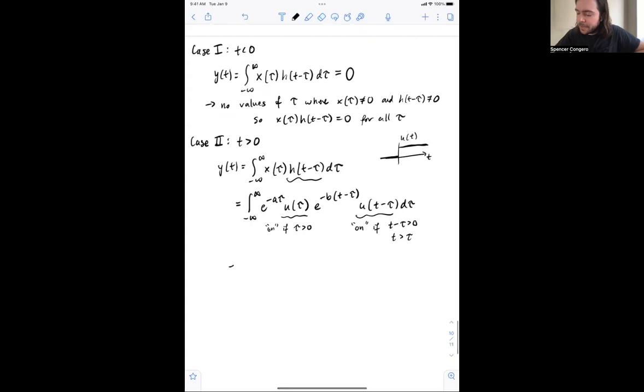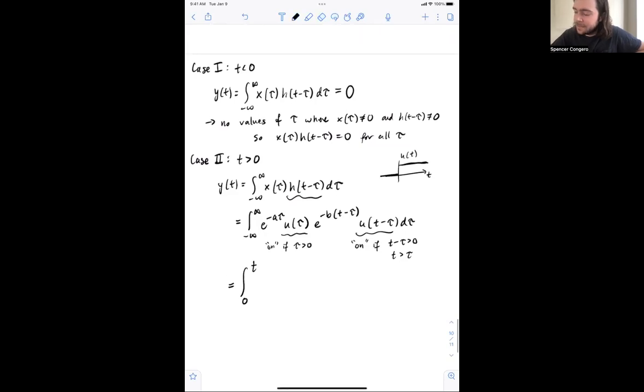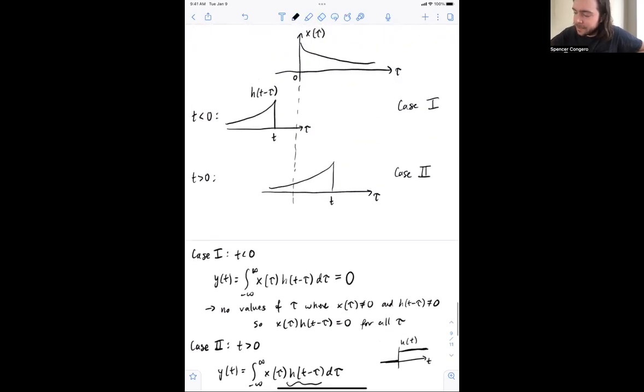We want them both to be on, because if either is off, then it's going to equal 0, which is going to zero out this whole integrand, so we don't have to integrate there. So we need tau to be greater than 0. We also need tau to be less than t. There you go. That's our 0 to t bounds that we got just by looking at the picture. The overlap is between 0 and t. That's where they're both non-zero.